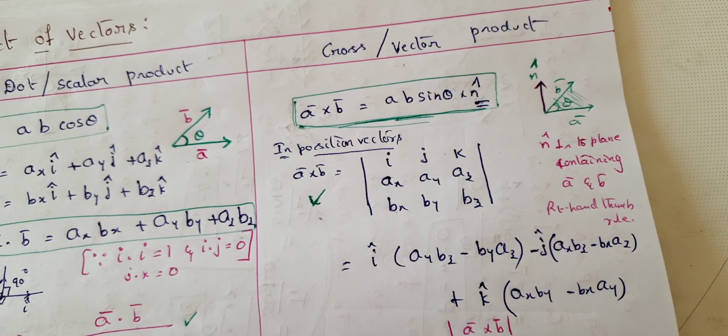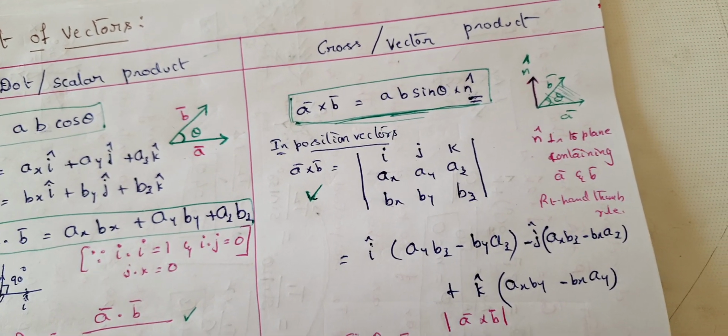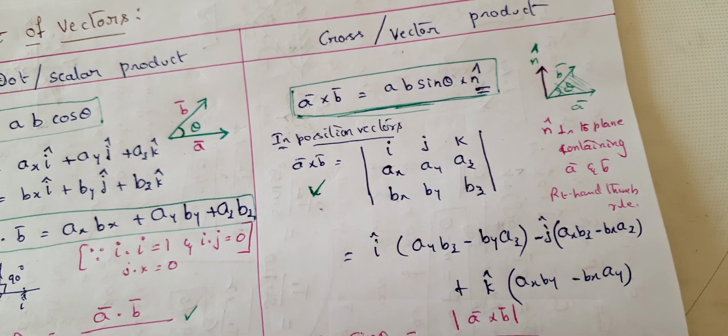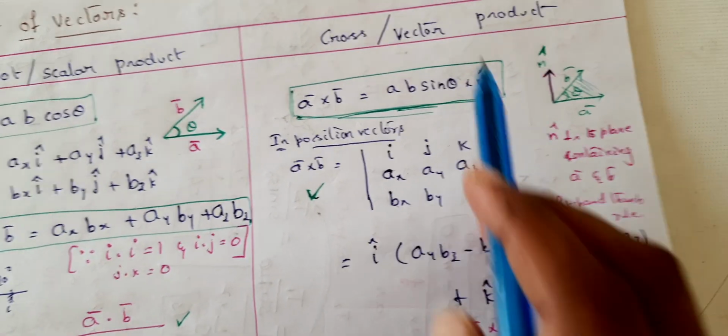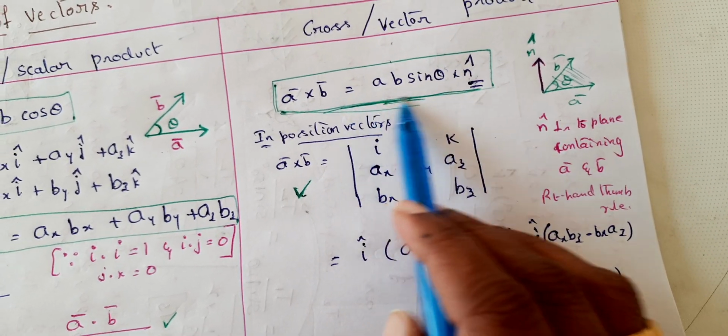Beautiful, is it not? So the cross product itself is defined like that. It gives another vector perpendicular to both A bar and B bar, whose magnitude is AB sin theta.